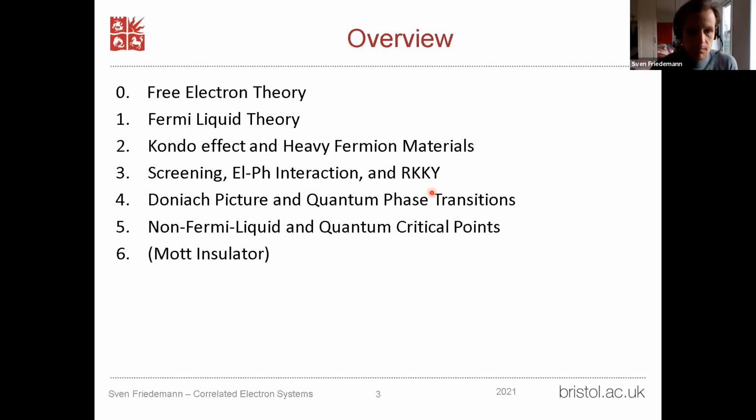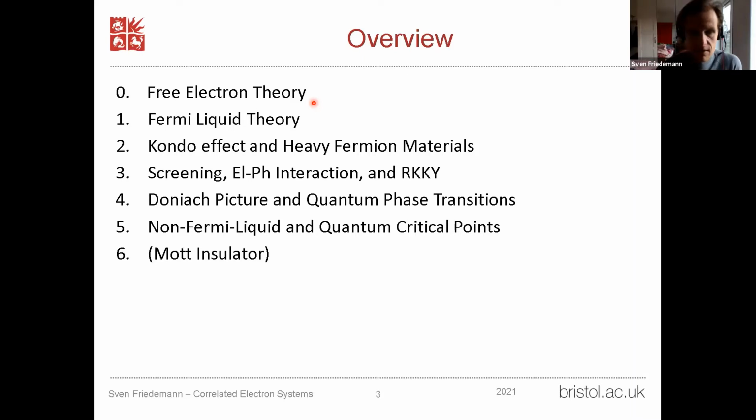Okay, the overview for the course is that I'll start today actually with the first lecture devoted to what's actually not correlated electron systems, but free electron theory, because we will use quite a few of the tools from free electron theory to look at correlated electron materials. And in particular, I'll essentially revise what you've done in your solid state lectures.